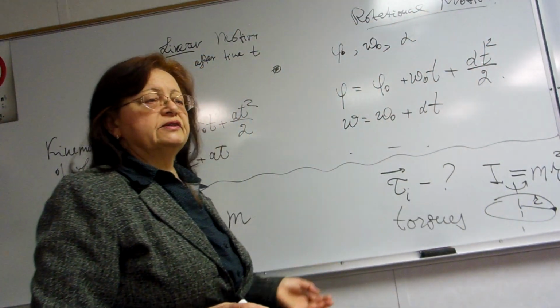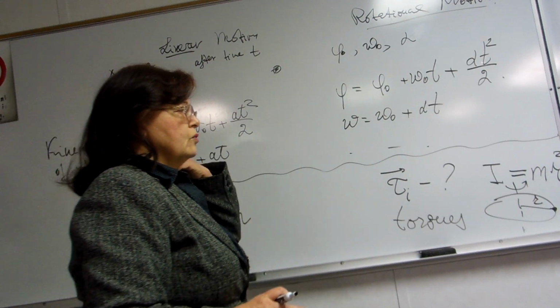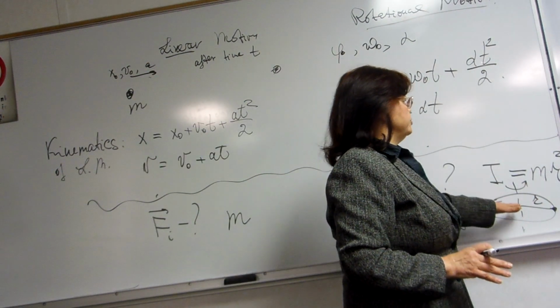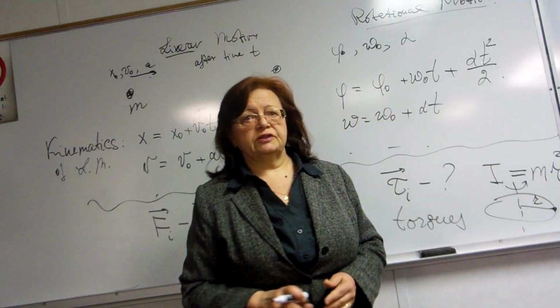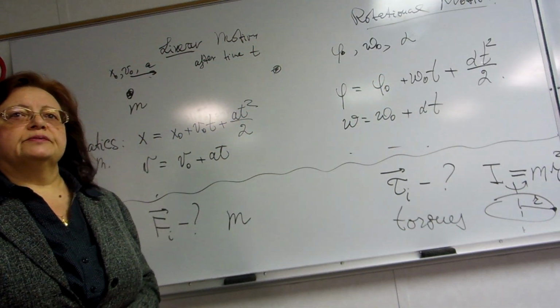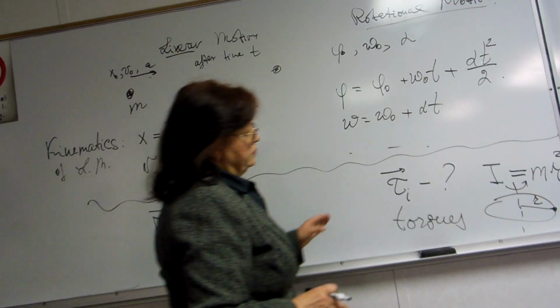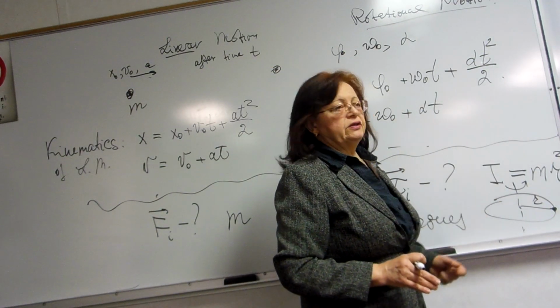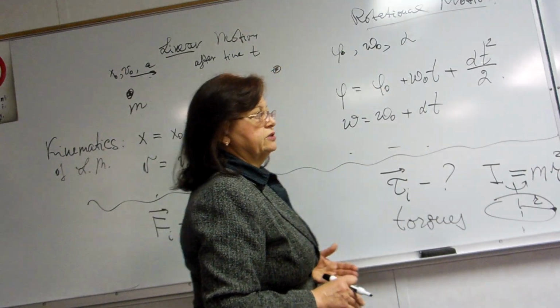And there were some examples of such problems to find the moment of inertia of a symmetrical object which rotates about a certain axis. Moment of inertia depends on the location of that axis.